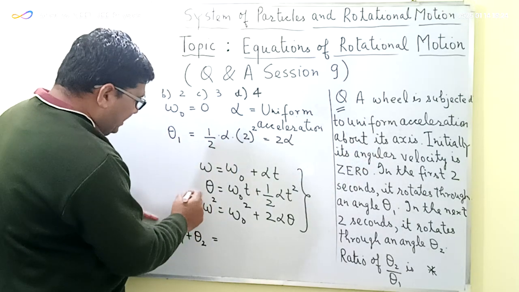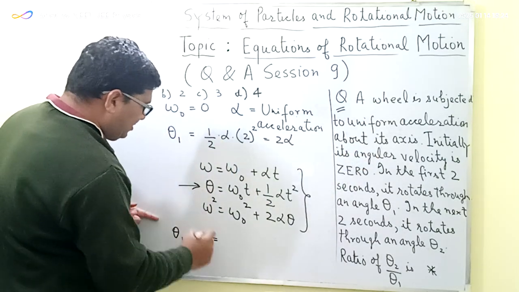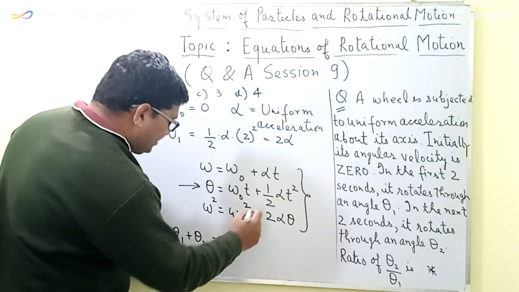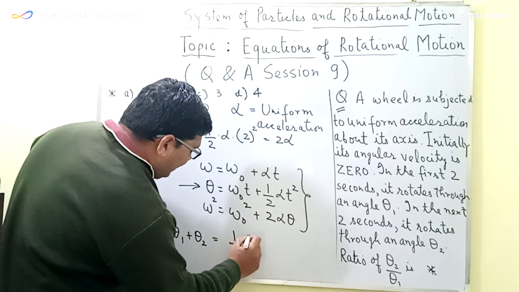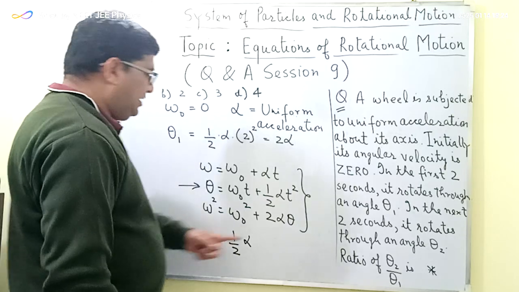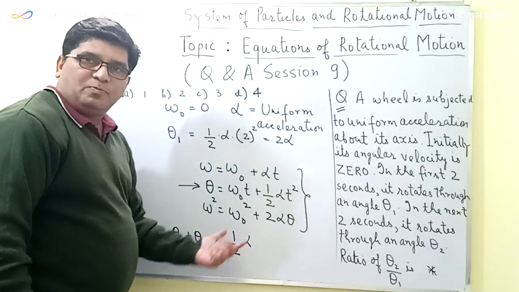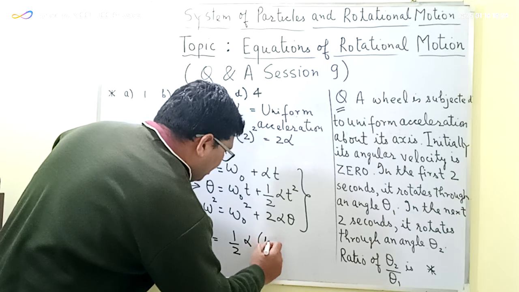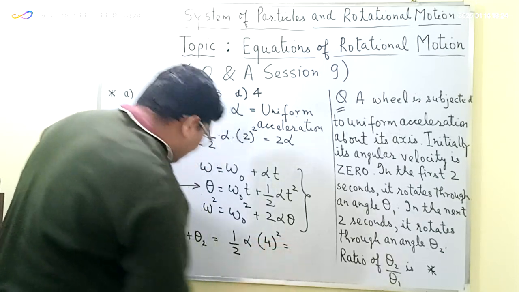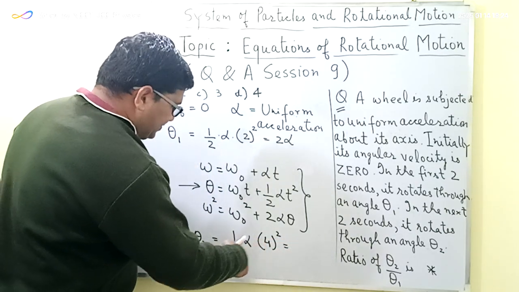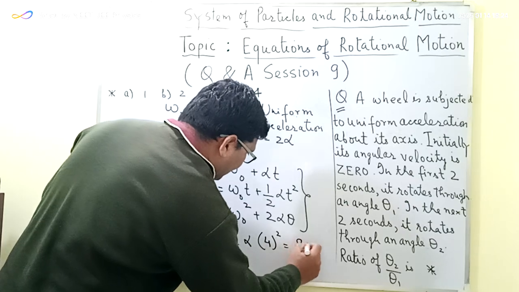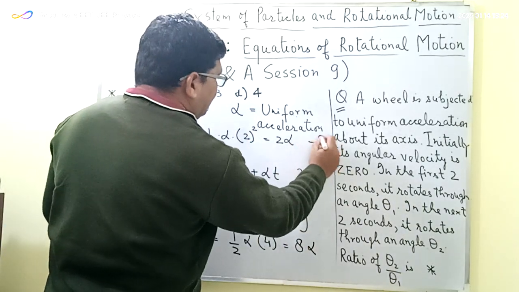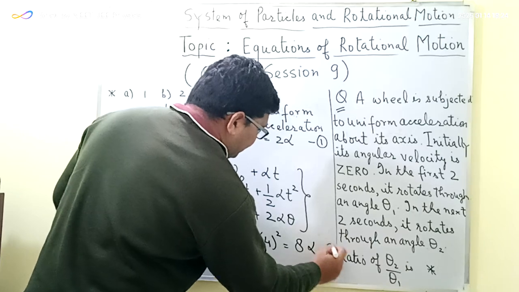So I will again use the second equation. Omega naught is 0, so omega naught into t will be 0, and this will be equal to 1 by 2 alpha t square. Now the value of t will be 2 plus 2, that is 4 seconds. So this will be 4 square, 16 divided by 2, which is equal to 8 alpha. So this is the first equation, and this is the second equation.